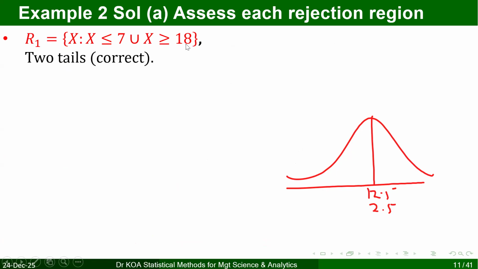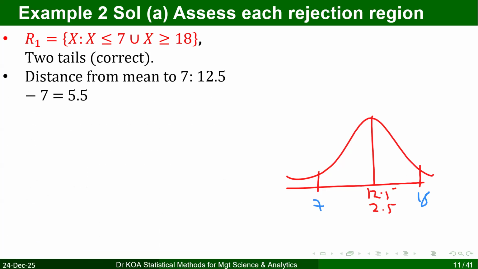So I can detect 7 here, and I can detect 18 there. If I have 7 and I have 18, the rejection region makes sense, because the acceptance region will be exactly here, which falls between. So this two-tailing actually matches what the hypothesis is saying in this case.